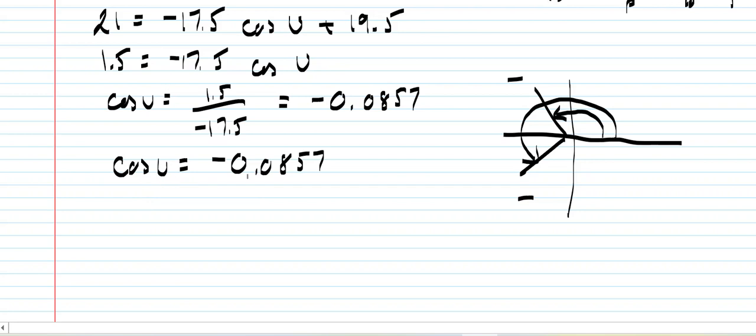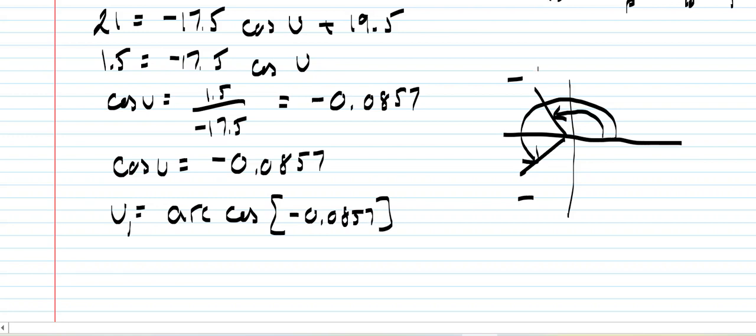So if cosine of u is equal to this, then we know that u is going to be equal to the arc cosine of negative 0.0857. And that's going to be my first value, u sub 1. And then u sub 2 is going to be 2 pi minus u sub 1.